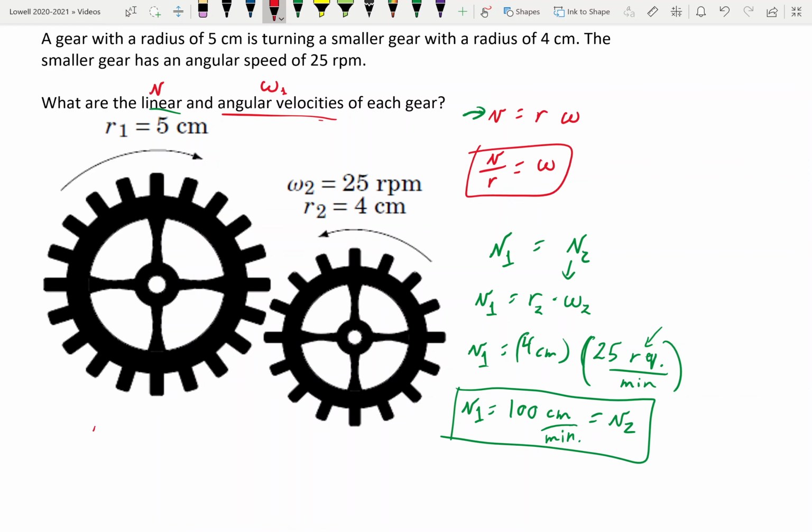The linear velocity of gear 1 divided by the radius of gear 1 will give me its angular velocity, which is 100 centimeters per minute divided by the radius, in this case 5 centimeters. It comes out to 20 RPM.